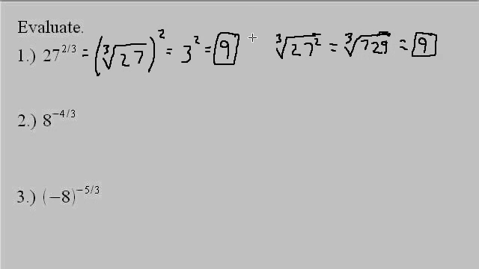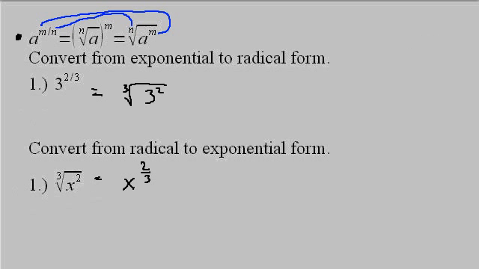So you can see you're going to come up with the same answer, but this method here is much more difficult than this method. So whenever you're evaluating, I would use this form here. Okay, I would put the exponent outside the parentheses. It makes it a lot easier.